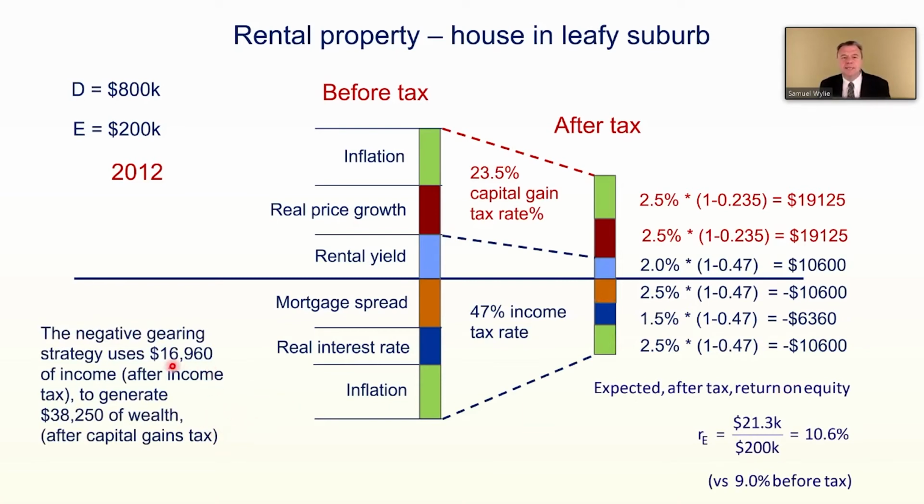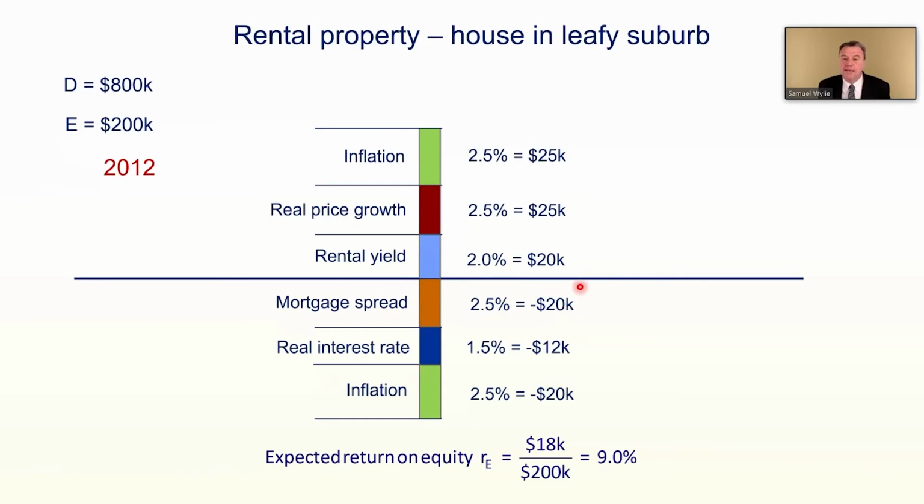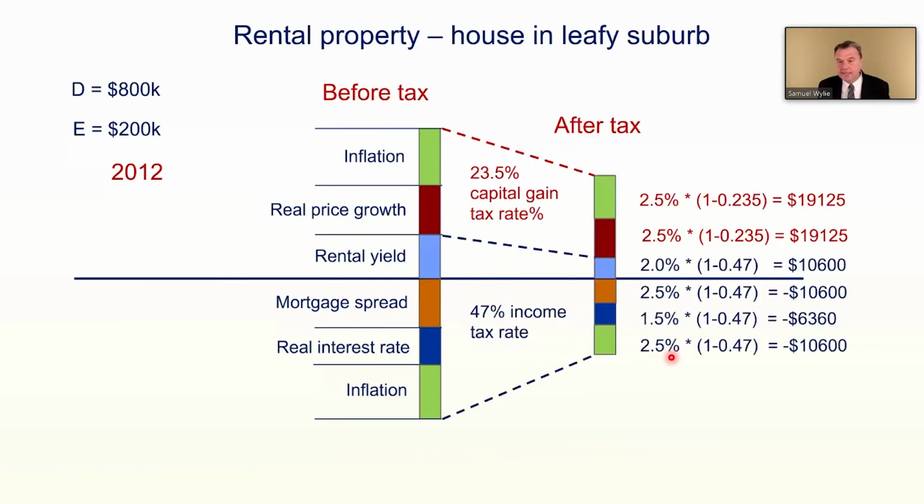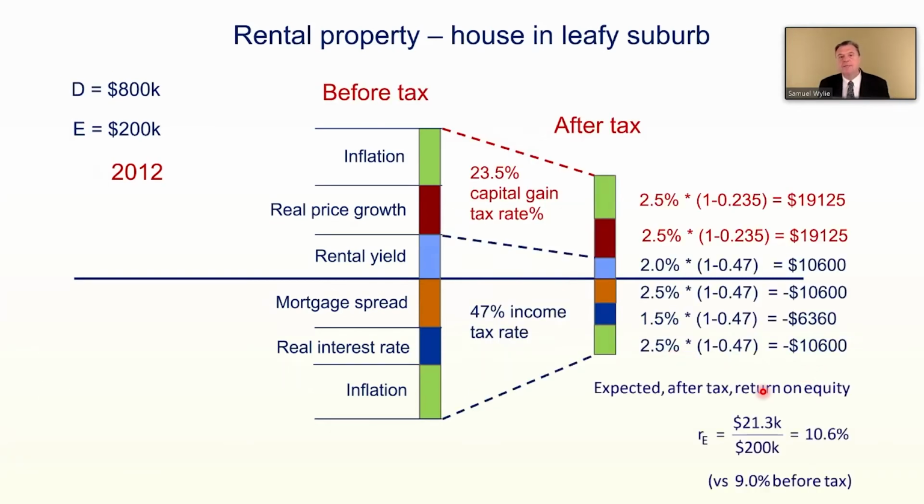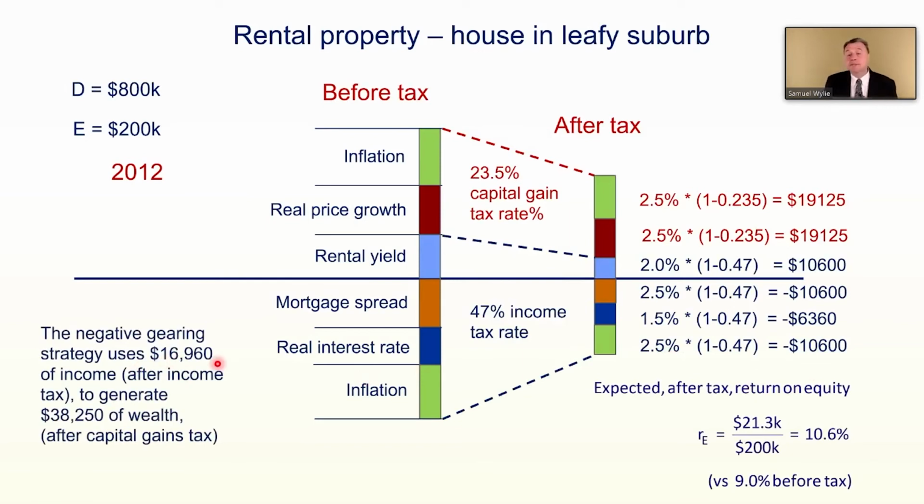Negative gearing uses 16,960. Those two cancel out in my example. And down here, 16,960. So not 32,000, that's before tax. Before tax cash, 32,000, but after tax cash that's being used in the strategy is 16,960. So that's how much less after tax cash we have because of our negative gearing strategy in 2012.